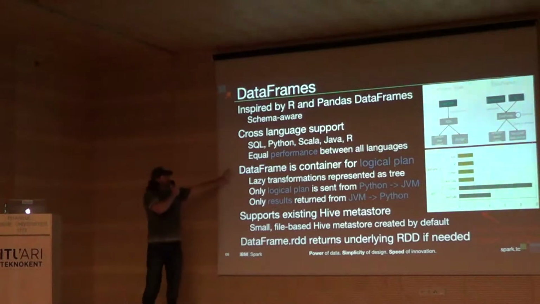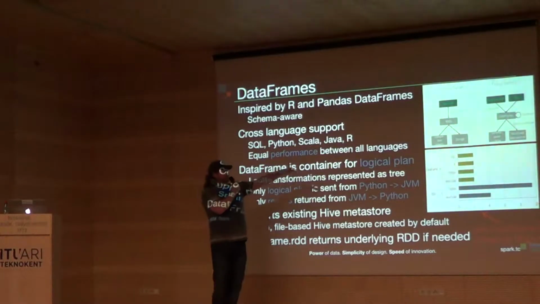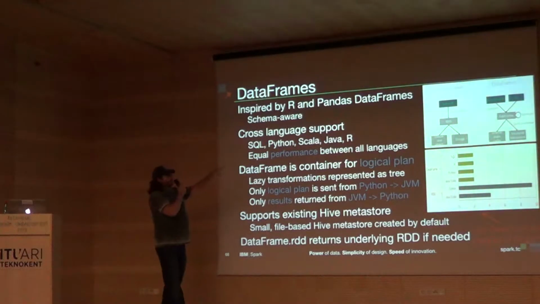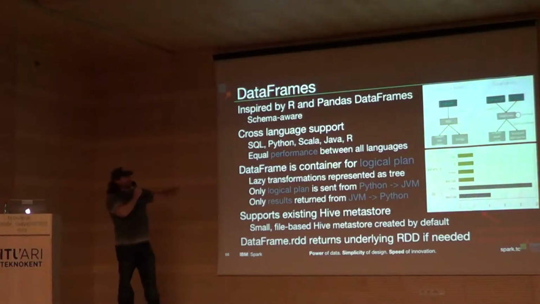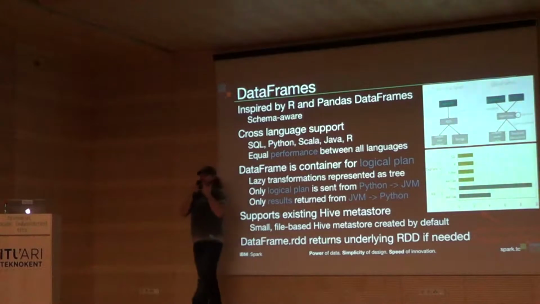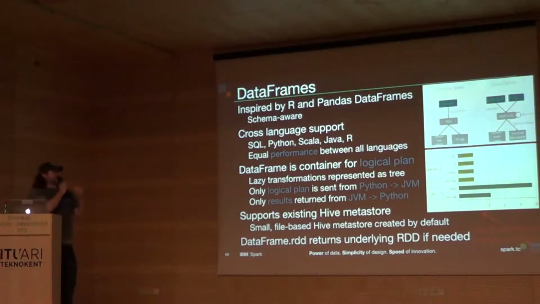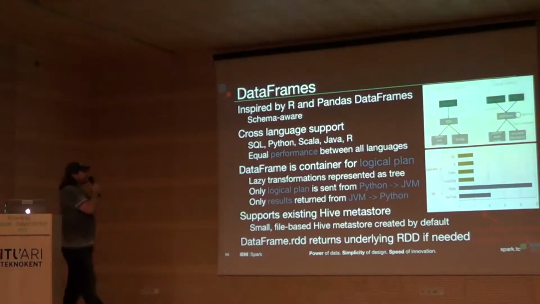If you think of a data frame as just a container for your logical query plan, that's all it is. I mentioned before how Python is now just as fast as Scala if you're using data frames versus previously. It's because all Python is doing now is giving you the ability to create this logical plan, right? If you think about SQL, you're sort of declaring what you want to be done.